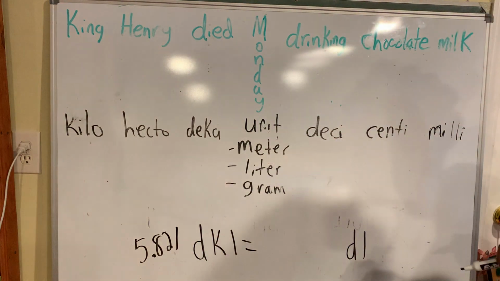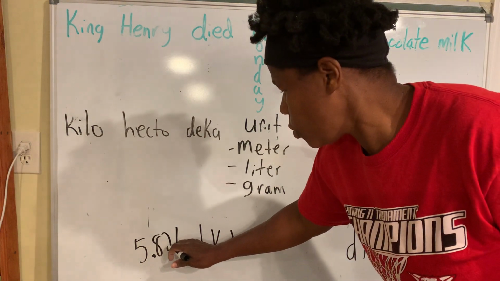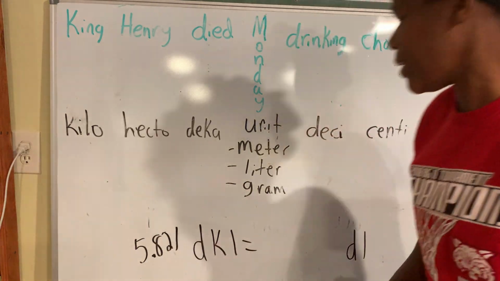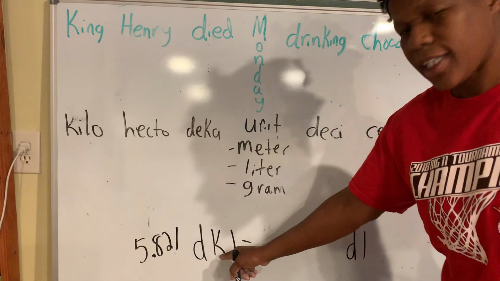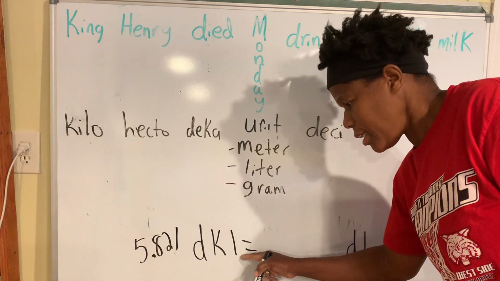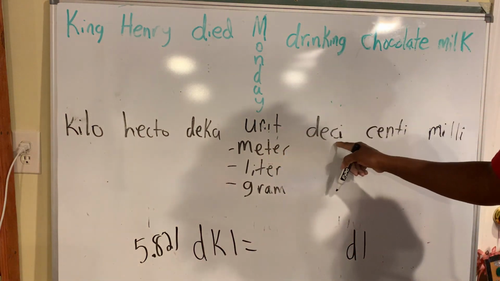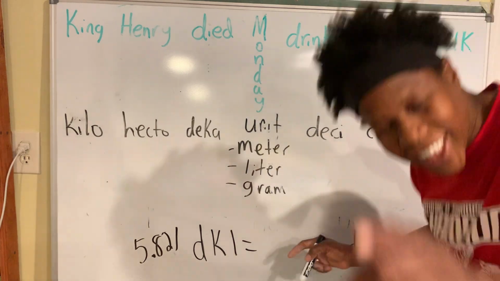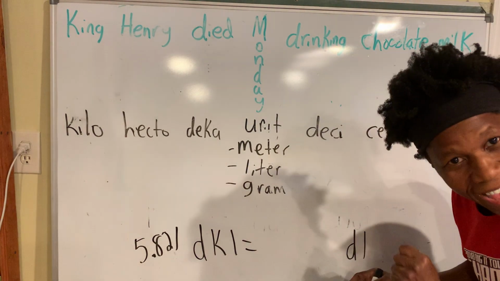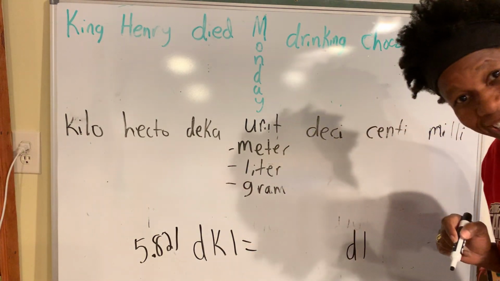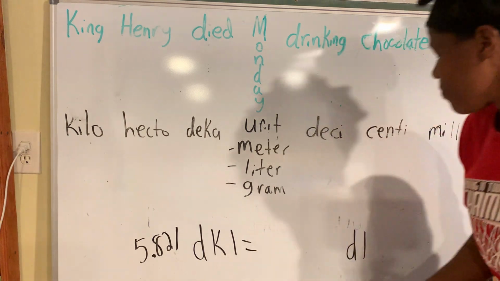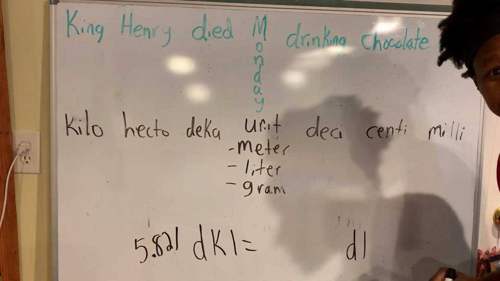Okay, so 5.82 to 1. Which one is this? Is this decaliters or deciliters? Which one am I talking about? I'm talking about deci or deca. That's right. You're absolutely right. It is deca. Decaliters. Okay, good. And then I'm going to deciliters.